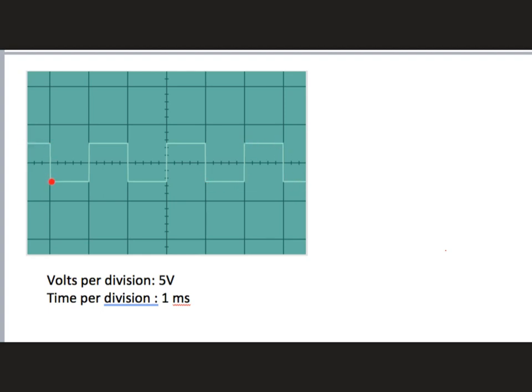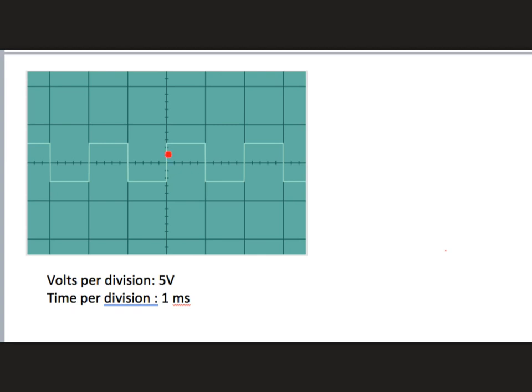And in this kind of function, there's a symmetry here. So the height is the same here. So if this is a particular voltage, this would be negative that particular voltage. And so what is the voltage and frequency, say, of this particular waveform? Well, the voltage is relatively simple to measure.